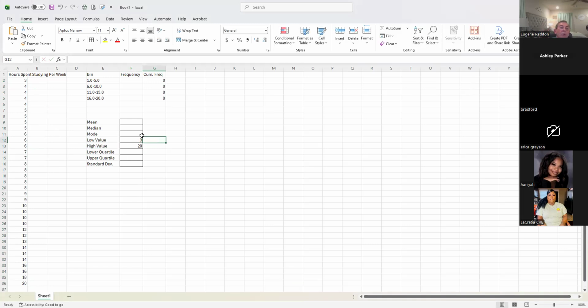So that's 2 things you're going to need, okay? All righty. First, you're going to have to figure out the frequency. So I made my bins, since mine were pretty much from 3 to 20, I made my bins go from 1 to 5, 6 to 10, 11 to 15, 16 to 20.